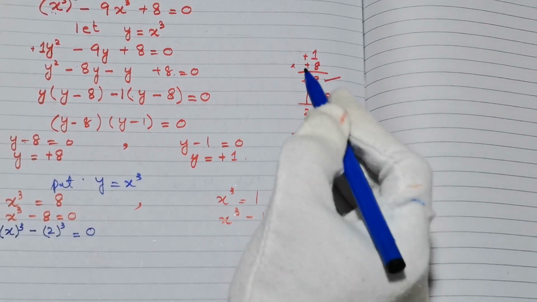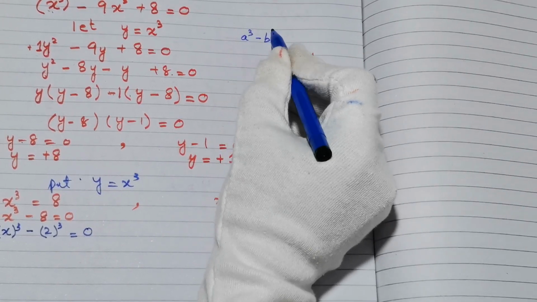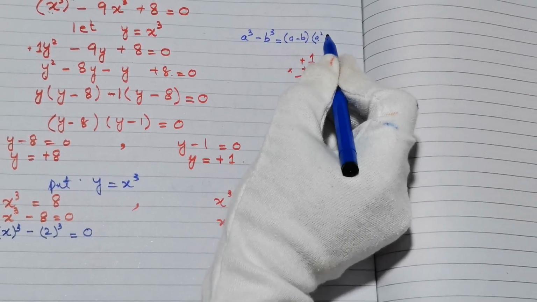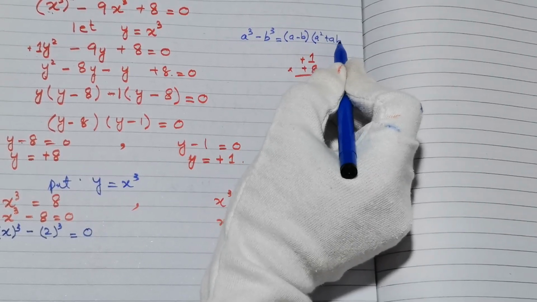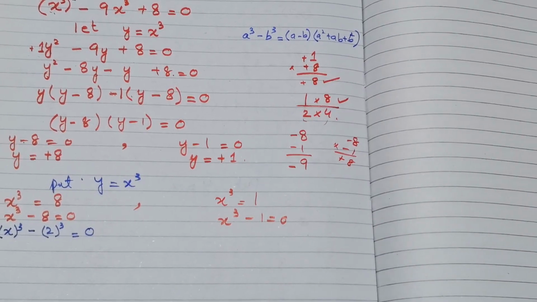So what is the formula of a cube minus b cube? It is equal to (a minus b)(a squared plus ab plus b squared). This is the formula.